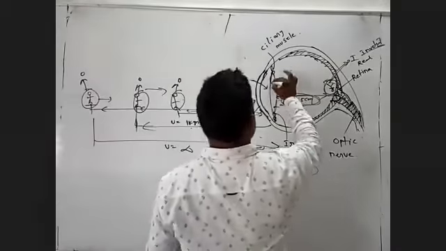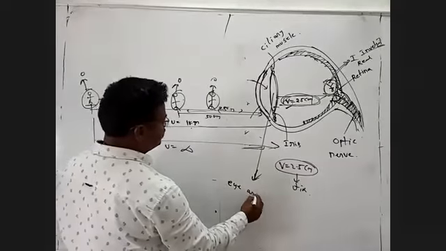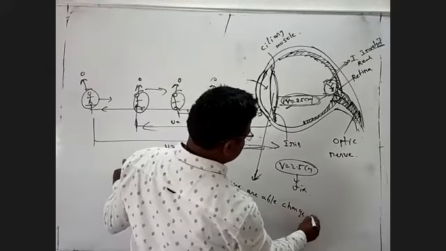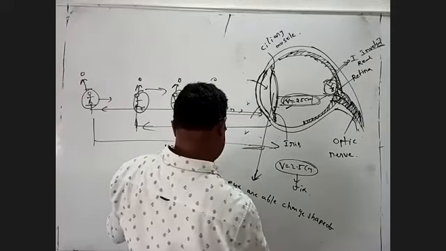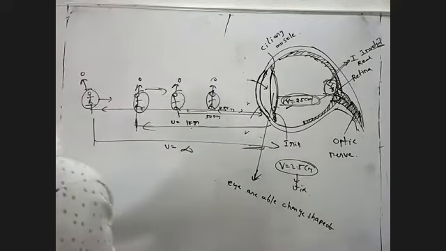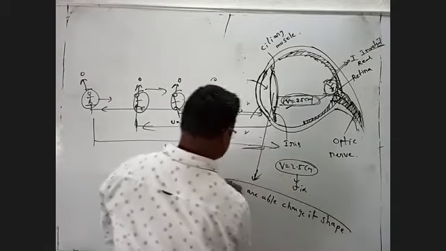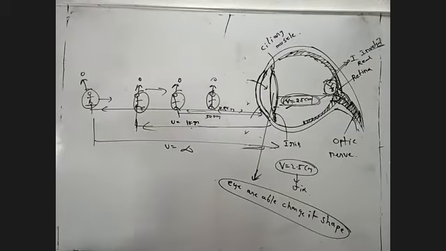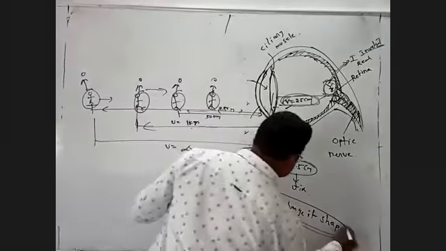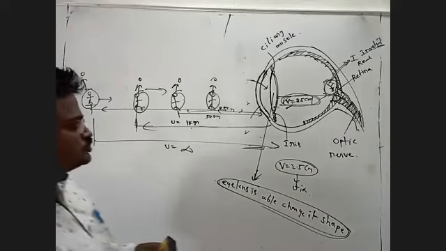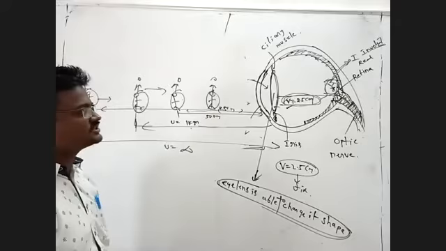Only one reason: the eye lens is able to change its shape. That is the reason, so V is fixed.